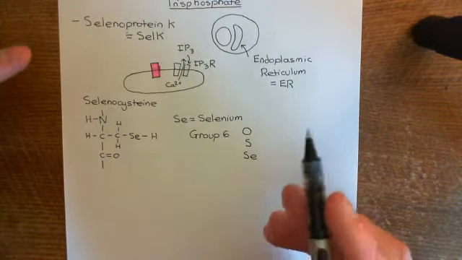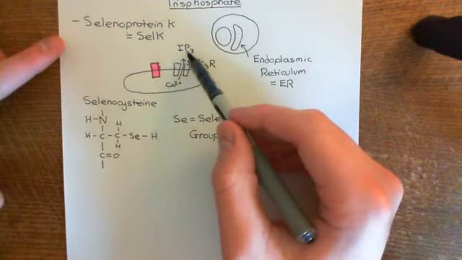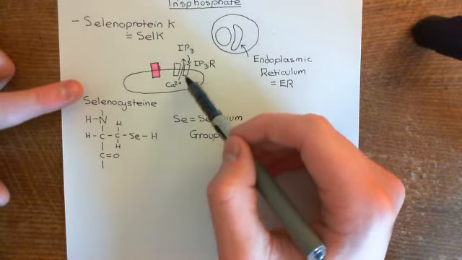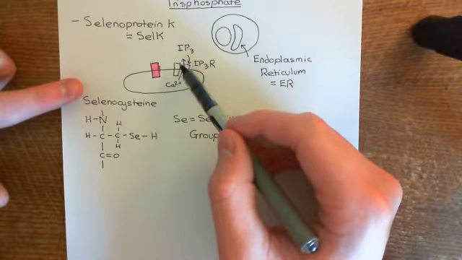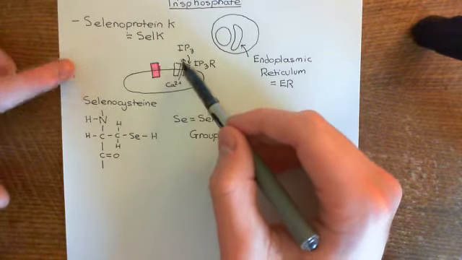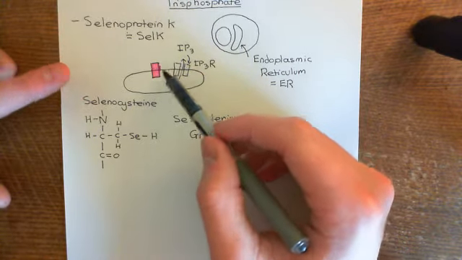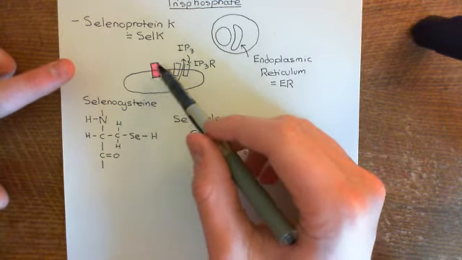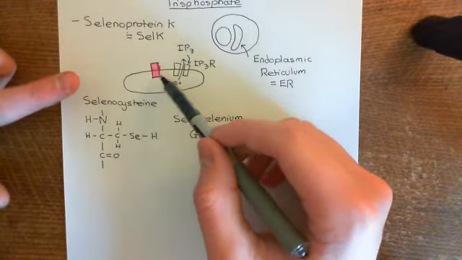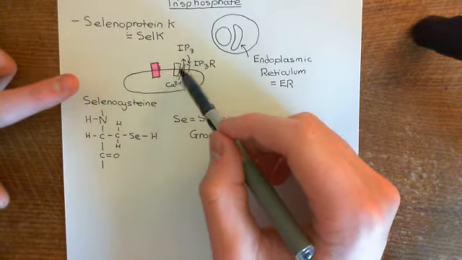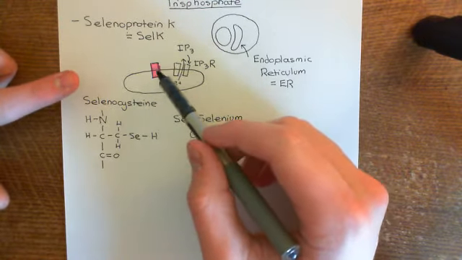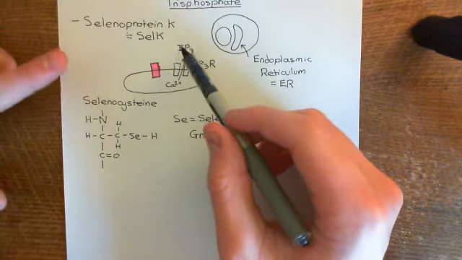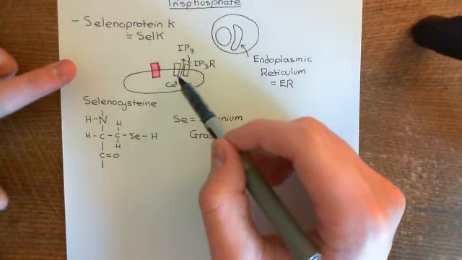Okay, now basically they found that if you stimulate the phosphoinositide pathway that generates IP3, and then look at how much calcium you get released from the ER, they found that the calcium that was released from the ER in cells that had selenoprotein K knocked out, the calcium flux was smaller, basically. So without selenoprotein K, the amount of calcium that's released from the ER when you stimulate the phosphoinositide pathway will be reduced, basically.